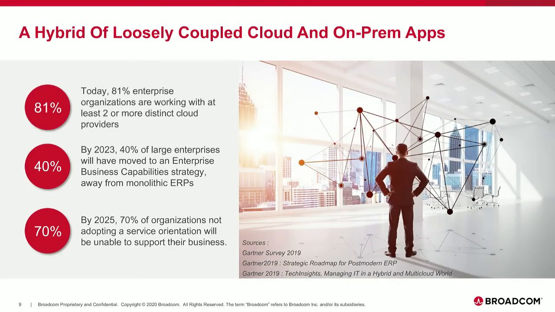One of the interesting things, and for those of you that attended the first webinar, if not, you might want to go back to it: one of the things that Gartner found in one of the recent surveys is that 81% of the organizations they sampled have two or more distinct cloud providers.